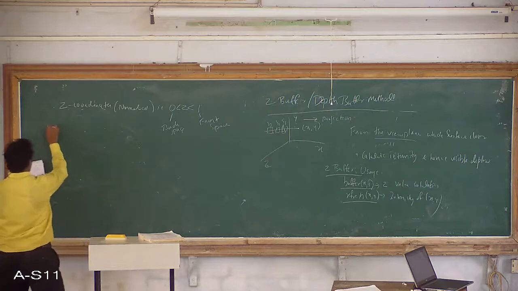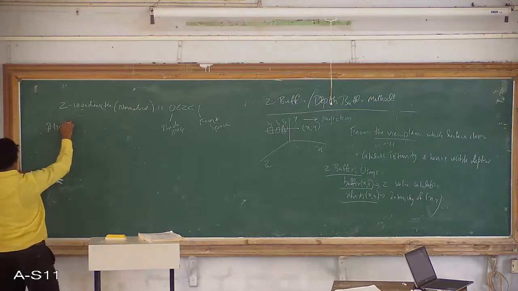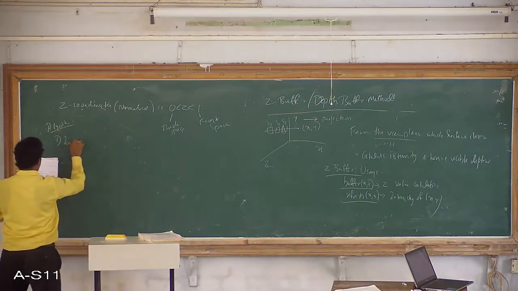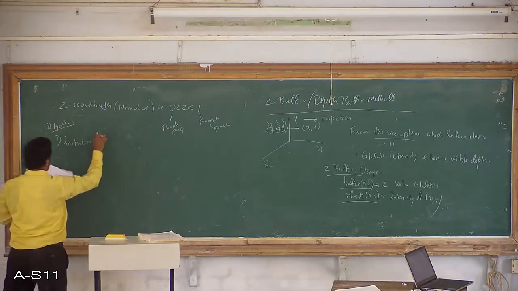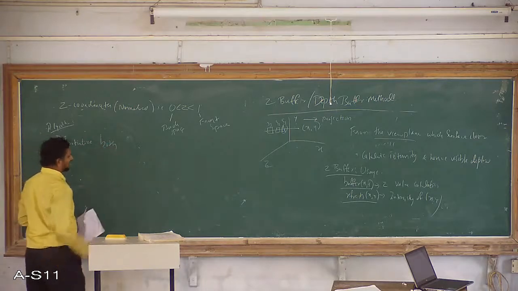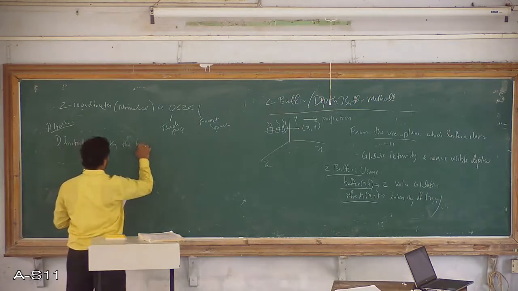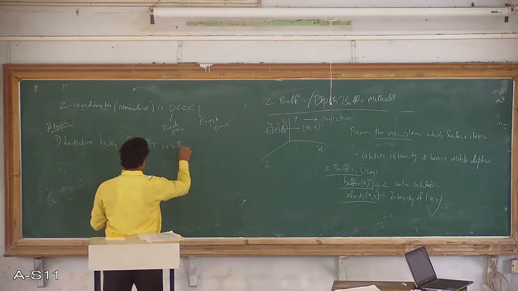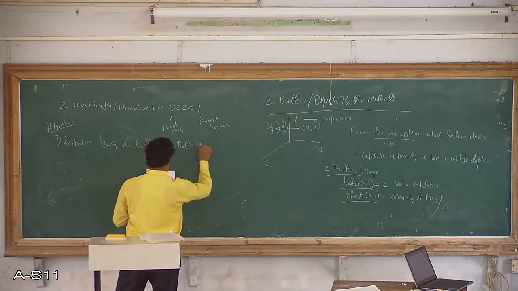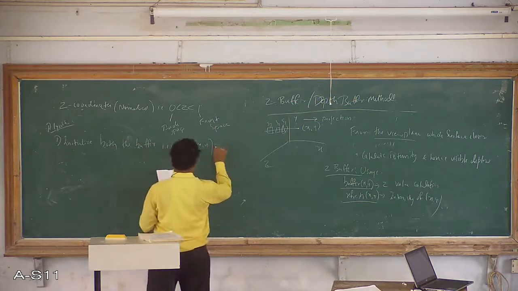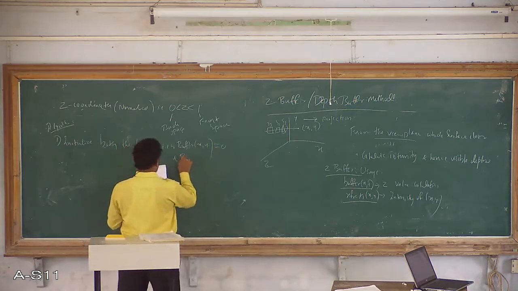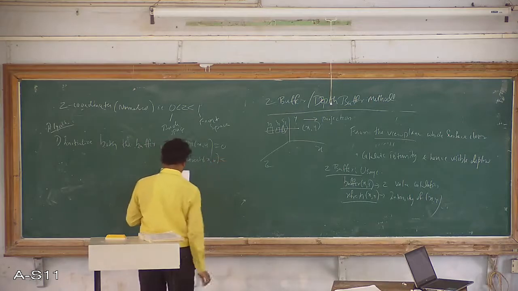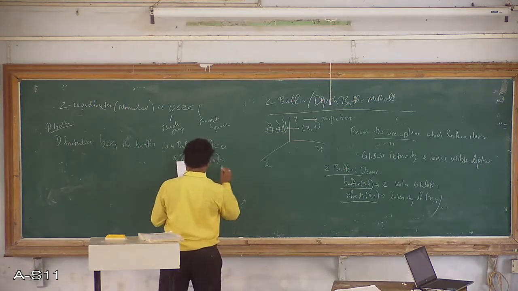Now the algorithm starts here. The first step is to initialize both the buffers. That is, buffer x comma y is equal to 0 and refresh x comma y is z background.